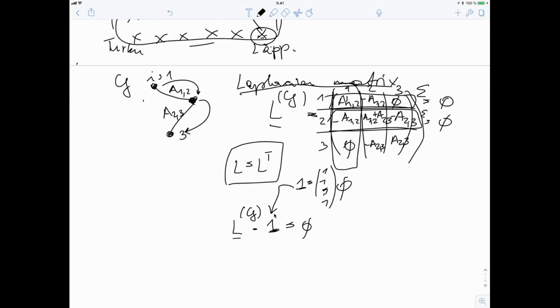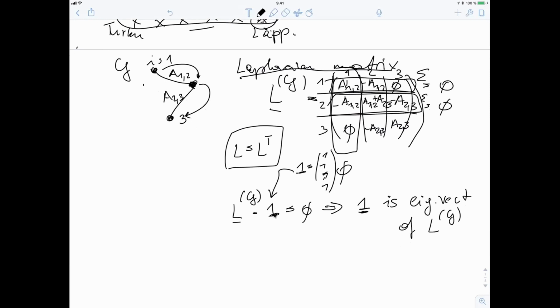And this means that the vector 1 is an eigenvector of the Laplacian matrix. Always, by the construction itself. The vector 1 is always an eigenvector of the Laplacian matrix with eigenvalue 0.